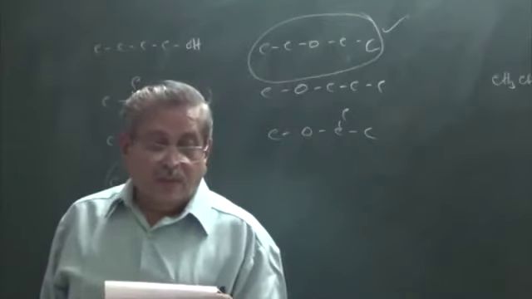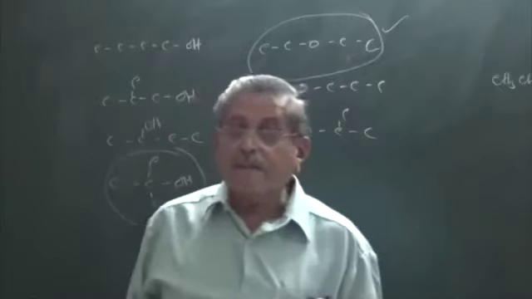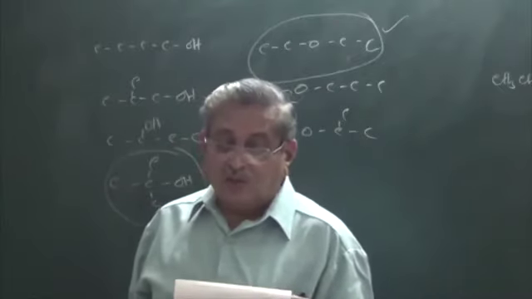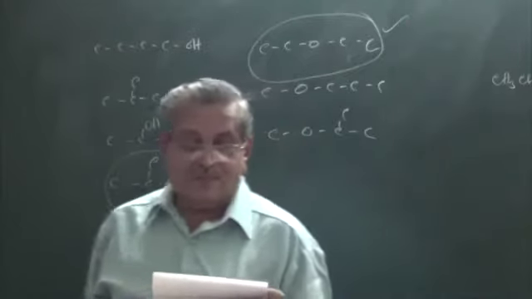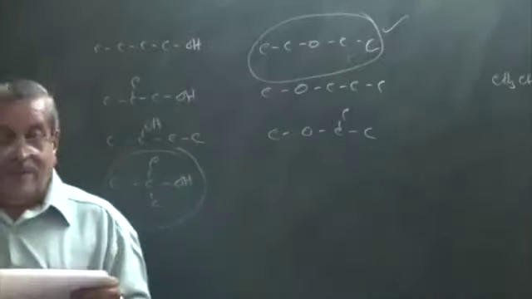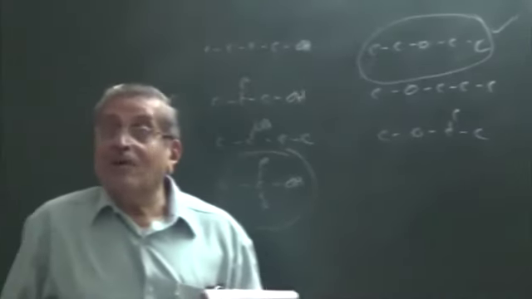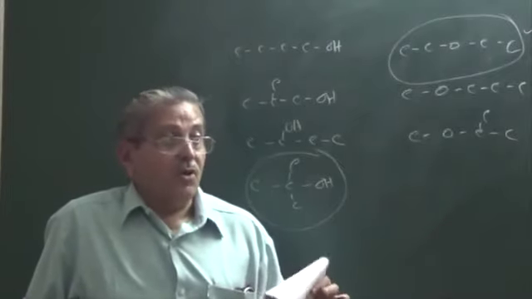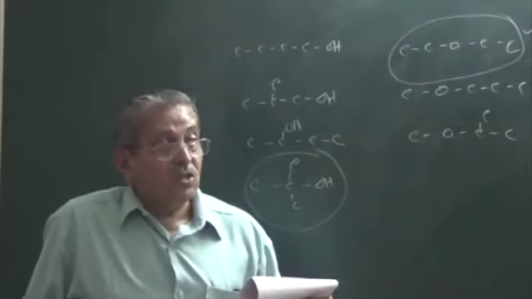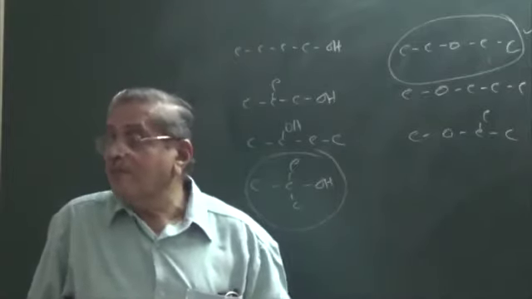7th one. A compound has the formula C2HCl2Br. The number of isomers which are possible is. That means there are 2 carbon atoms and how many monovalent atoms? 2 chlorine, 1 H, 1 Br, totally 4. That means as good as C2H4, a double bond must be present. So, how many isomers are possible?